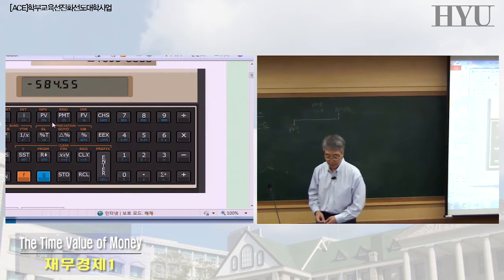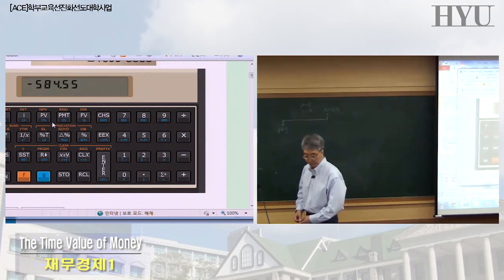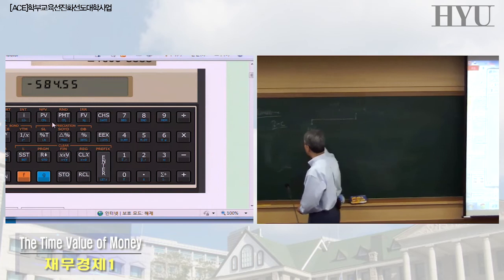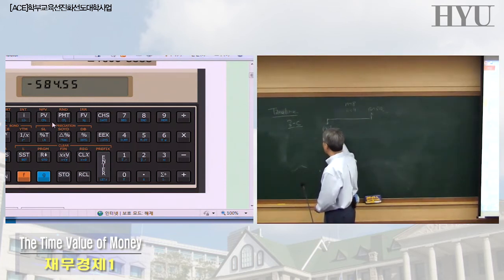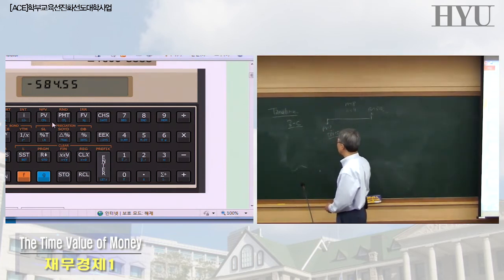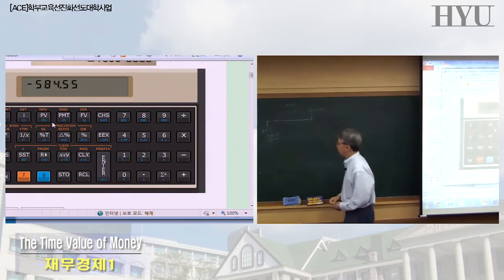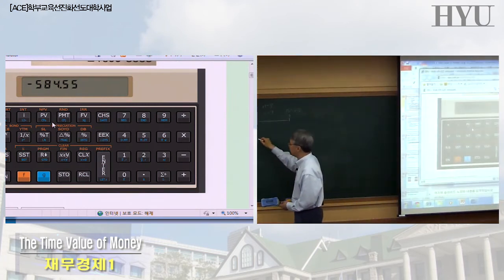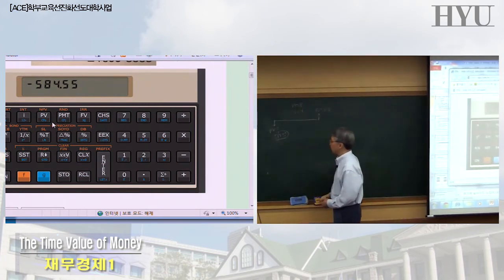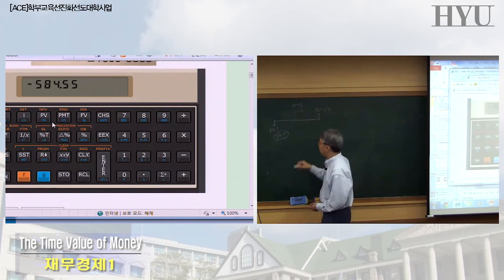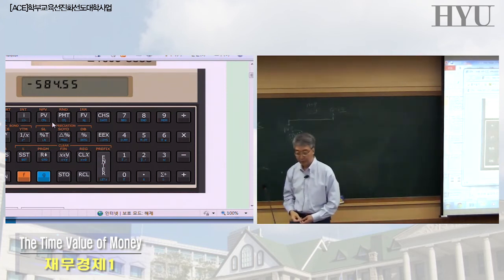So negative 584.55, right? That is $584.55. So if you invest $584.55 today at 4% annual interest rate for 8 years, then you're going to end up with $800 in the future, right? That's one thing.